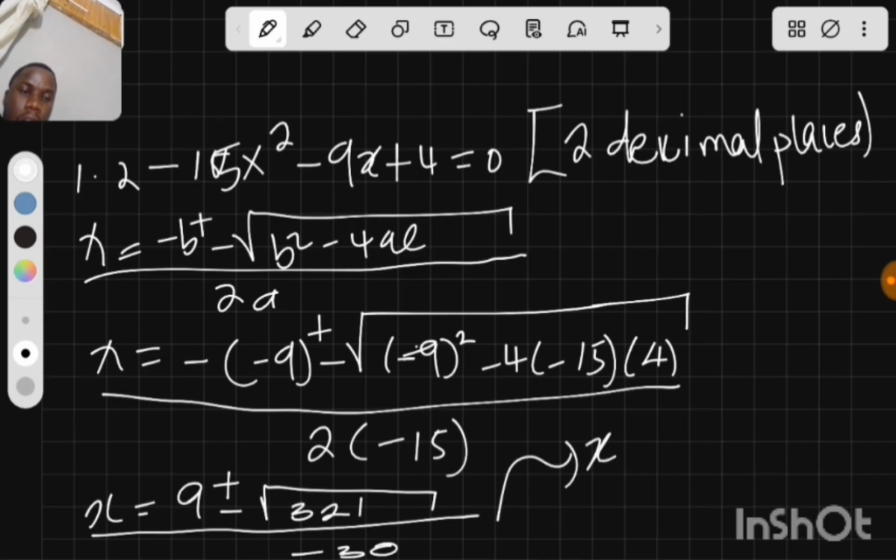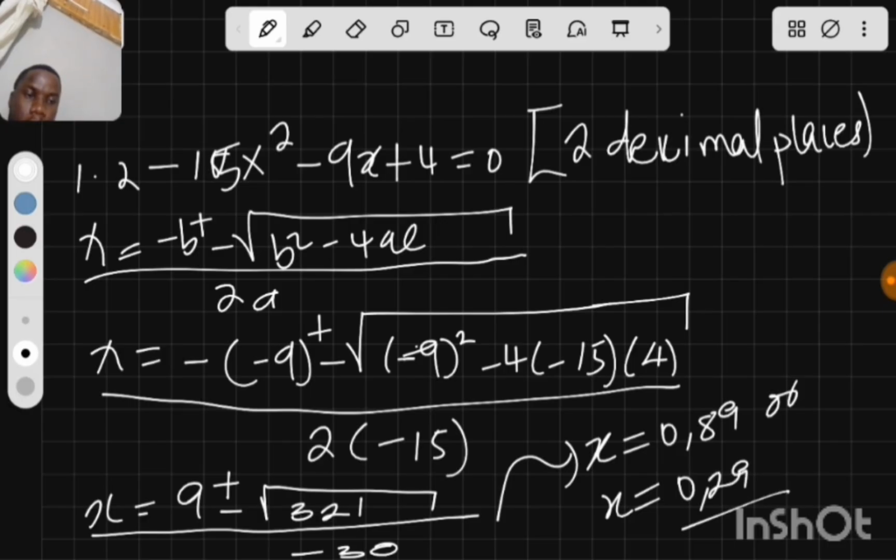Therefore x will be equal to 9 plus the square root of 321 divided by minus 30, which is minus 0.89, or x is equal to 0.2. I hope you understand. Then let's go to the next question.